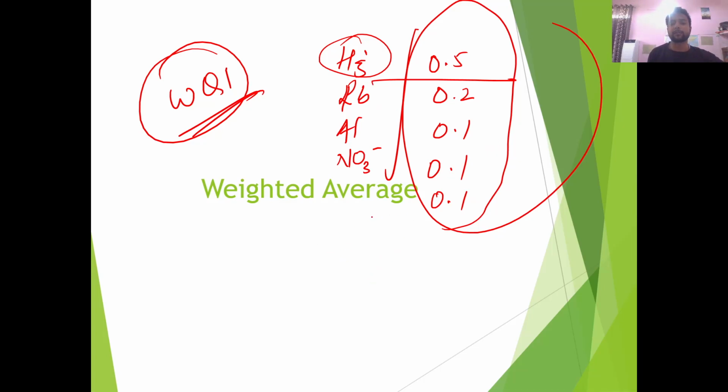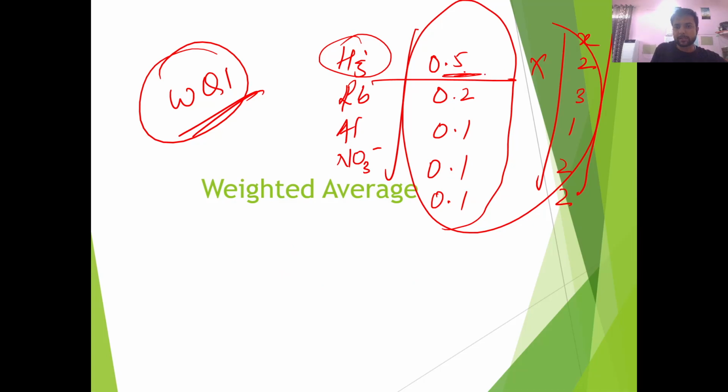So how will you find out the weighted average? The values means the observation x. It comes out to be 2, 3, 1, 2, 2 in milligram per liter.